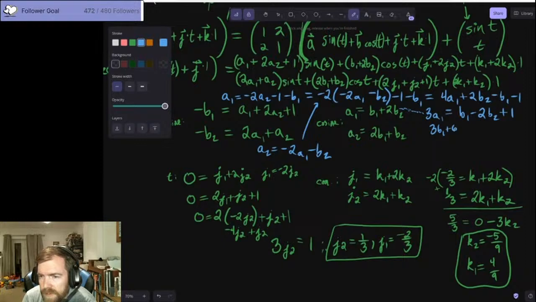B1 plus 6B2 is equal to B1 minus 2B2 plus 1.